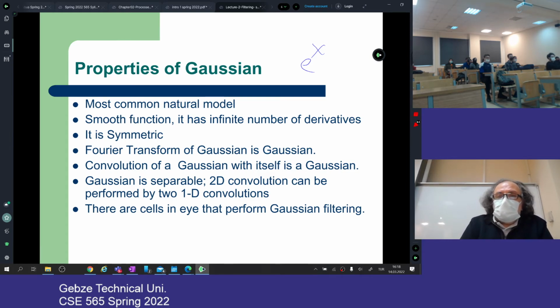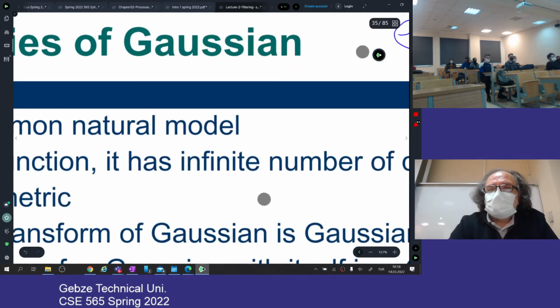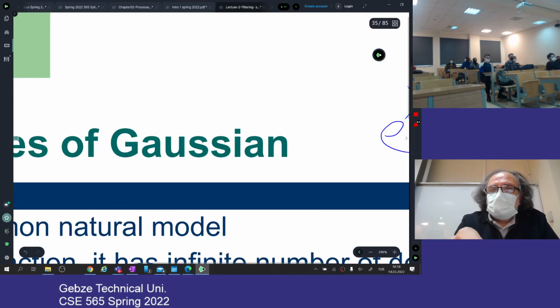And if you go to the frequency domain, which I will not talk much about, it is exactly the same thing, a Gaussian. And the thing is this. If this is my image, I can take a convolution of this image with a kernel, or I can take a convolution of this image by itself.